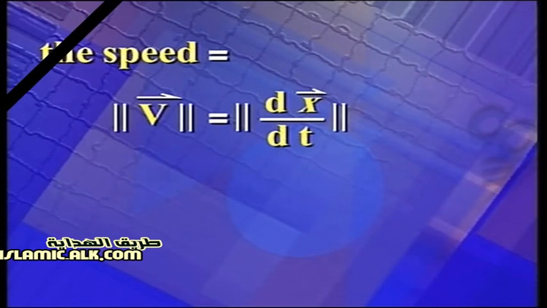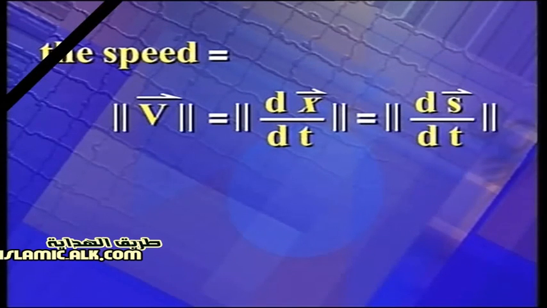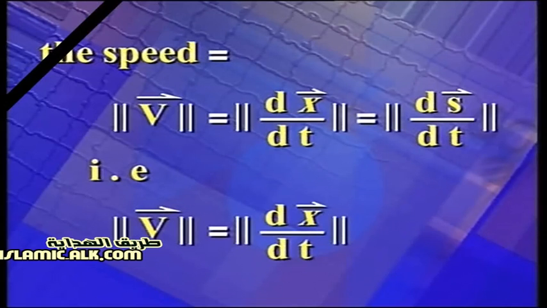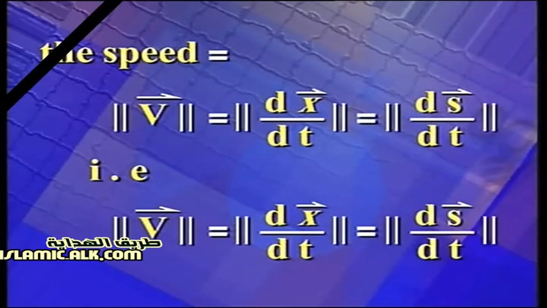The speed, norm v, equals norm dx over dt, equals norm ds over dt.